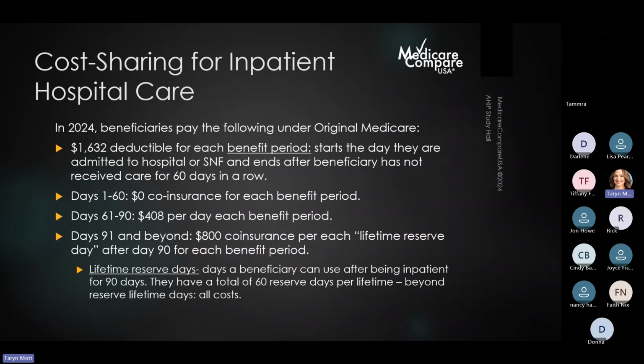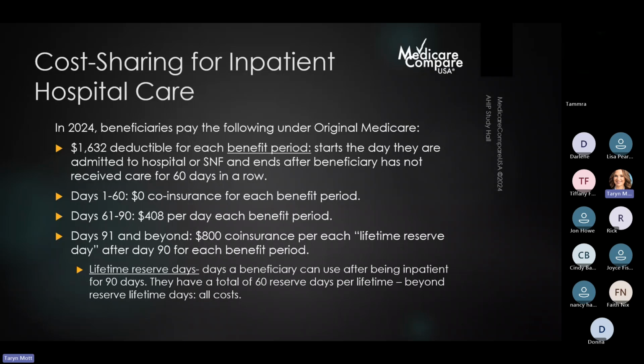So I underline benefit period because even a lot of agents don't understand that deductible on Part A. You not only pay it when you go to the hospital the first time, but that ends after 60 days, and then the beneficiary is responsible for that deductible again after 60 days.